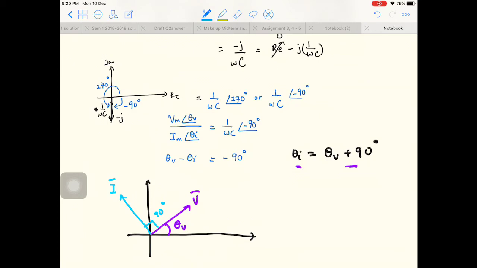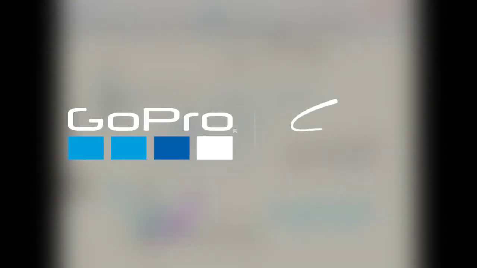So we can say that the current is leading the voltage by 90 degrees. Okay, that's all for this.